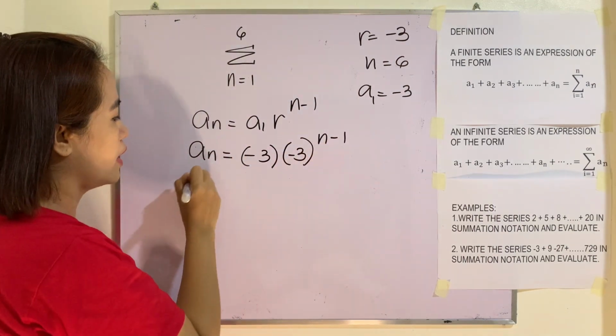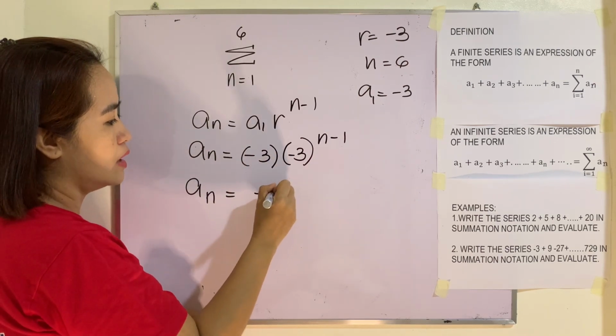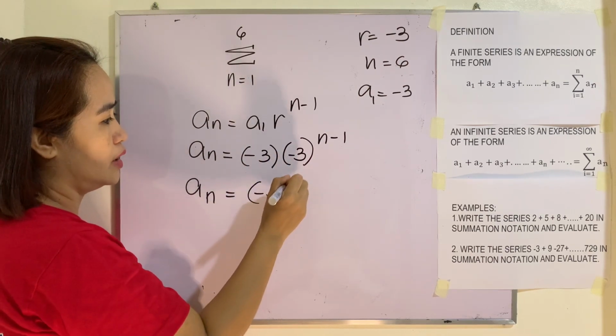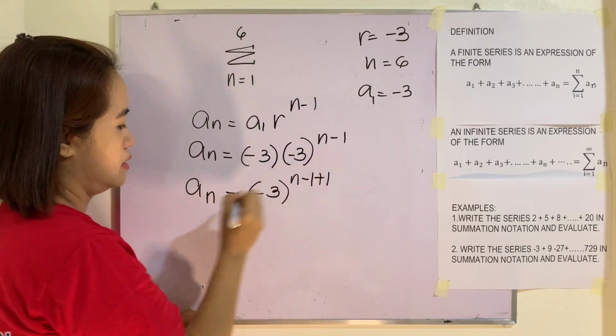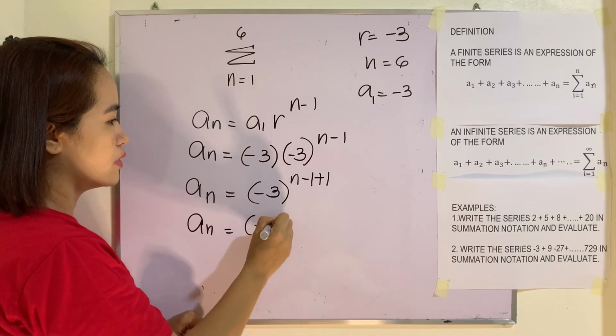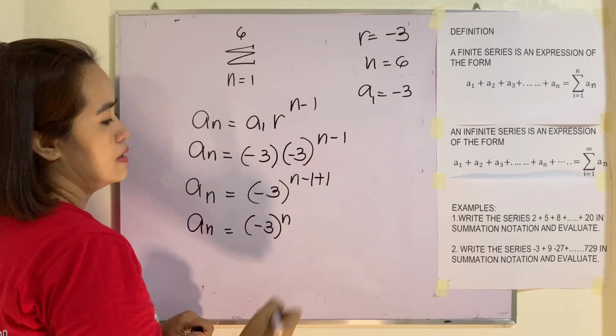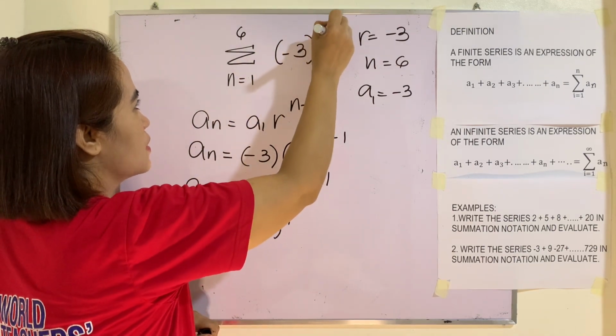We can simplify it. Same base, we just add the exponents, negative 3 raised to n minus 1 plus 1. So a sub n is equal to negative 3 raised to n. Simple as that.